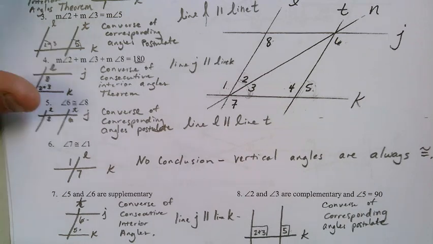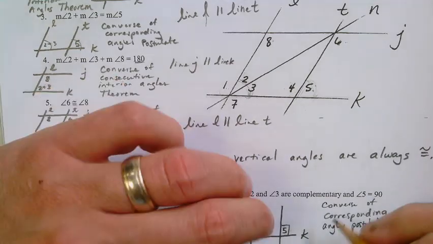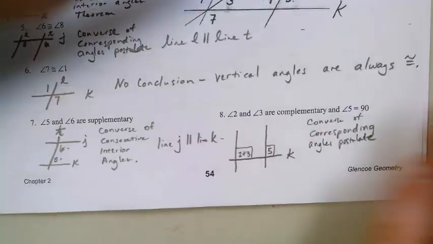Okay, you could also do the last one that you said there, if two lines are perpendicular to the same line. Okay, so I could actually write that out as well.